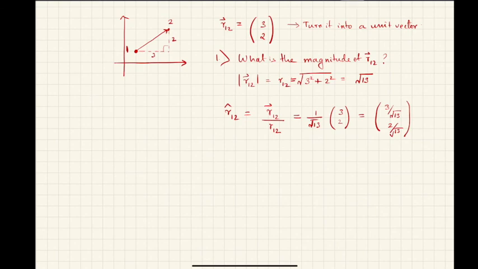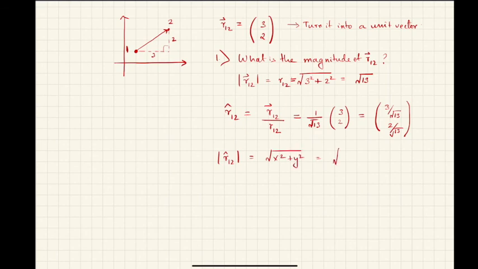All right, the claim is that the magnitude of r12 hat is 1, but can we test that and make sure that it is? So let's see. To calculate the magnitude, all I'm doing is applying Pythagoras' theorem. So I have to take the square root of the x component squared plus the y component squared, right?